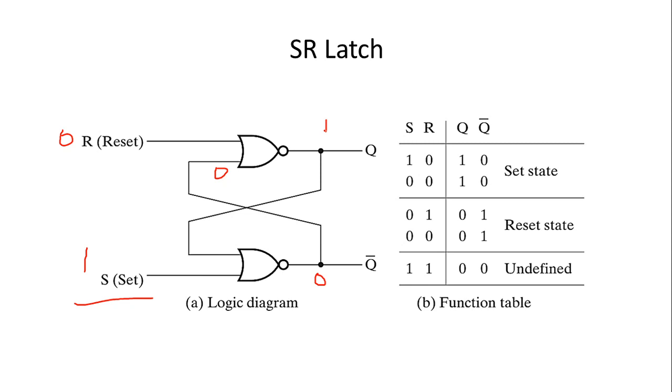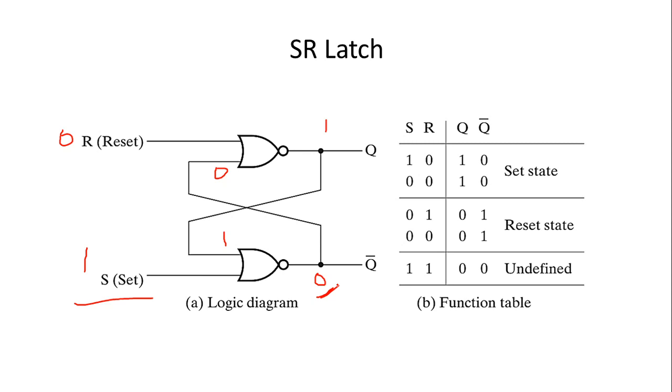Q is again fed to the second NOR gate. So here S is 1 and Q is 1, and 1 NOR 1 is 0, so the NOR gate will produce 0. Again 0 goes up, 0 NOR 0 gives 1 for Q, and again 1 NOR 1 gives 0.